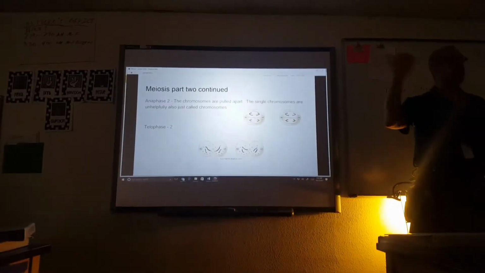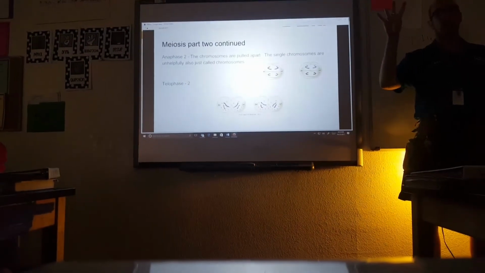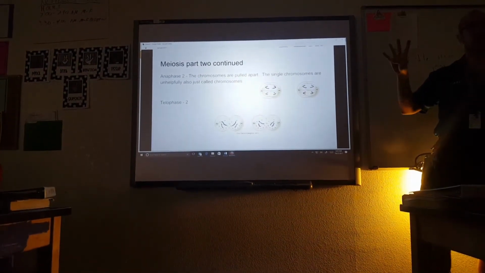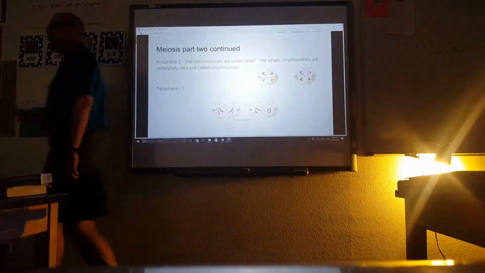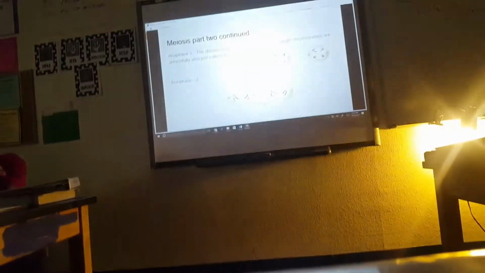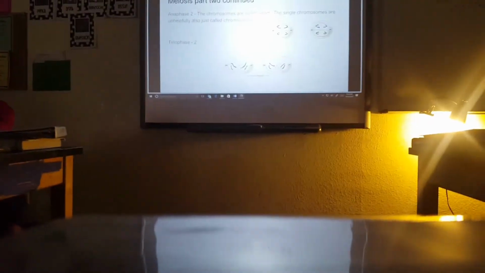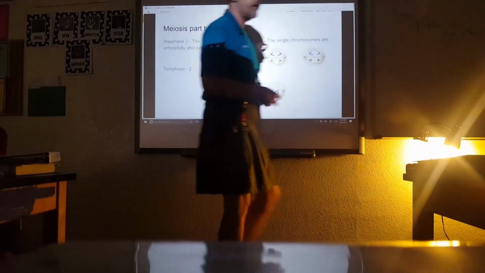And then telophase 2, you get the division again, and you end up with 4 haploid cells. At the end of meiosis, you end up with 4 haploid cells. So you've divided into 2 daughter cells. That's the mitosis 1, the prophase 1, metaphase 1, anaphase 1, telophase 1.